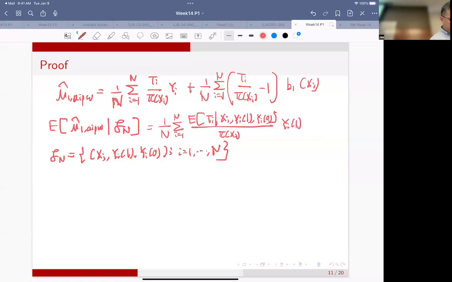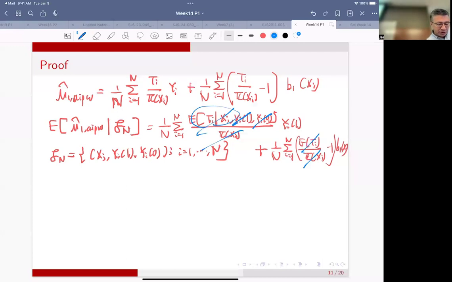Plus the same thing, right? Okay, so the idea is, by ignorability, ti conditional on xi and the potential outcomes doesn't depend on y, right? So then this guy is equal to this guy, so it cancels. Same thing, it cancels.